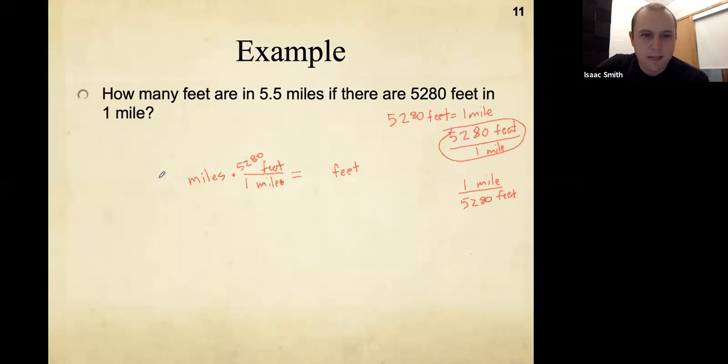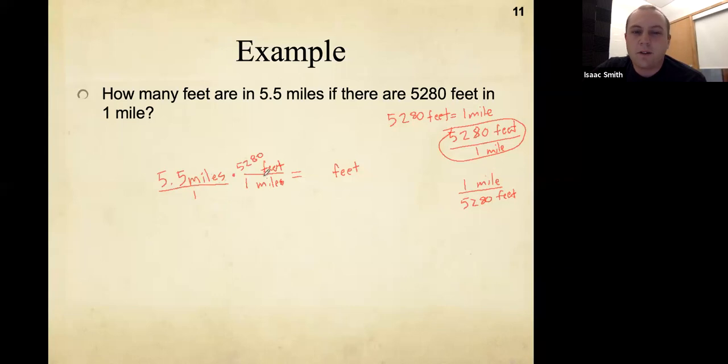Now we can put back in our original 5.5 miles that we started the problem with. You can imagine if you want, you could put this over 1, right? Anything over 1 is itself. Sometimes it helps people to visualize this by drawing a fraction and writing this over 1. The 1 doesn't really do anything, but okay.